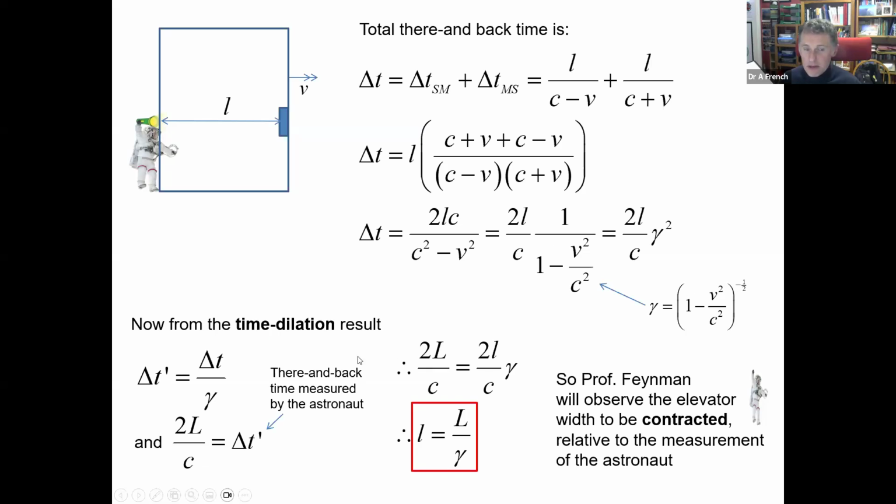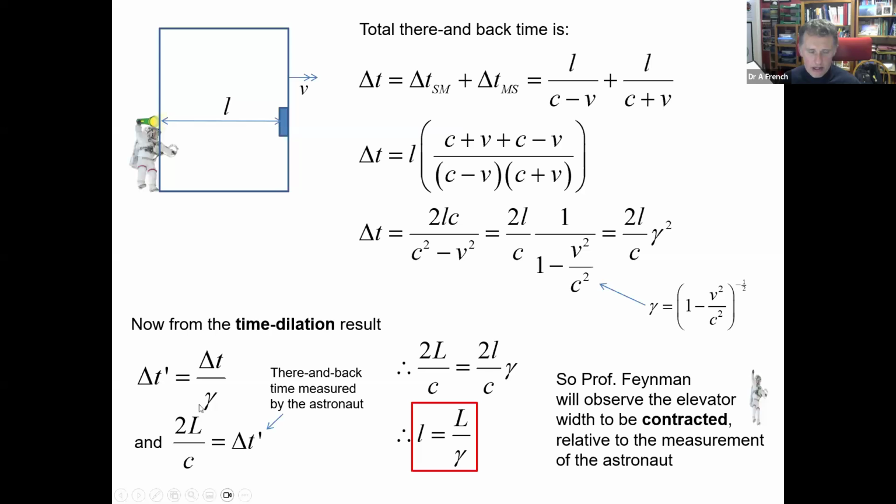Now, from the time dilation result, delta T dash, this one, which is delta T over gamma, and we know delta T dash is 2L over C, big L, not this one, and this is Professor Feynman's frame. So what we can do is replace the times with this one here.